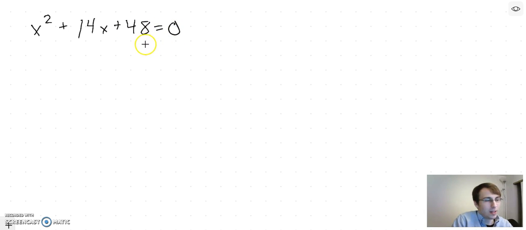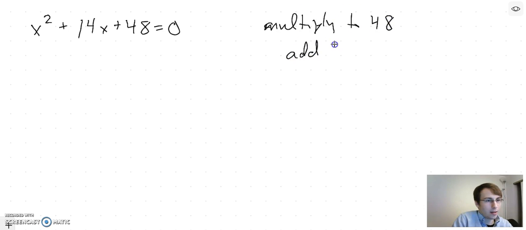This one's a trickier one because we've got to find things that multiply to 48 and add to 14. So let's find two factors of 48 that add up to 14.